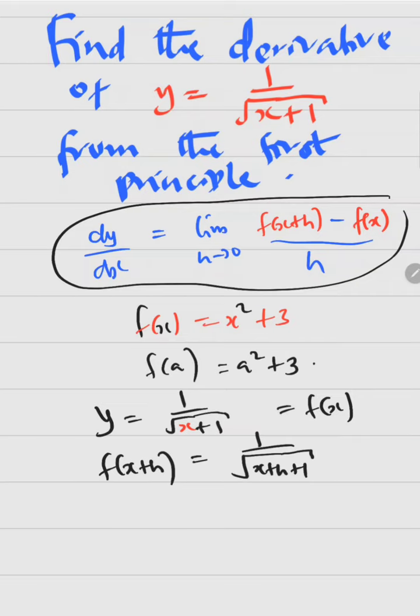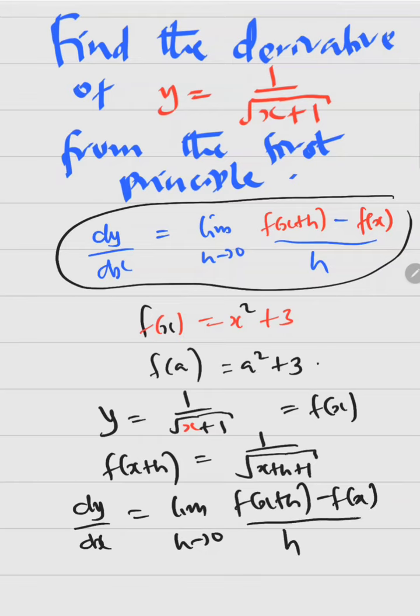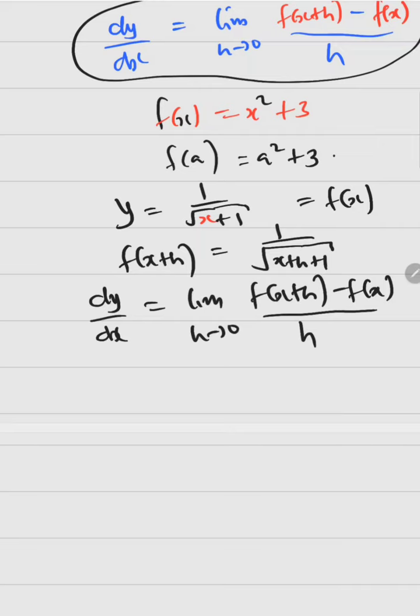If that is cleared, then I can go back to my formula. That is dy/dx equals the limit as h tends to 0 of f of x plus h minus f of x divided by h. So if that is cleared, let us proceed and make this substitution.